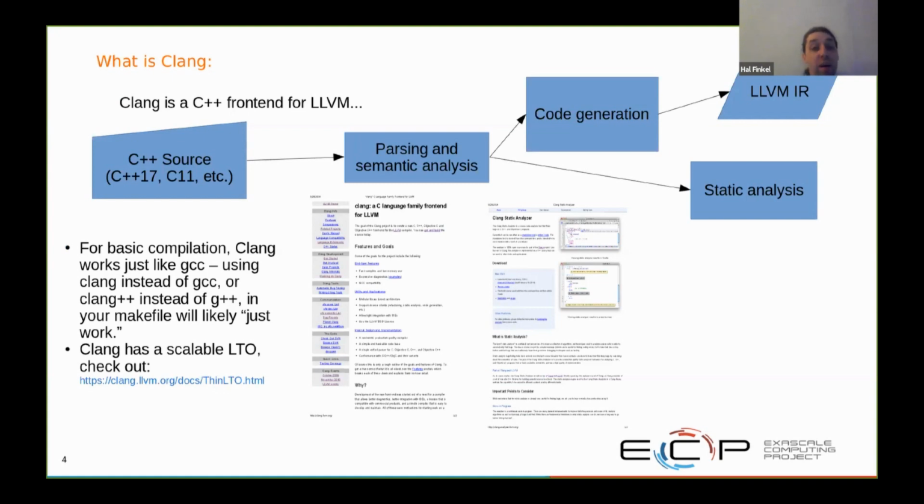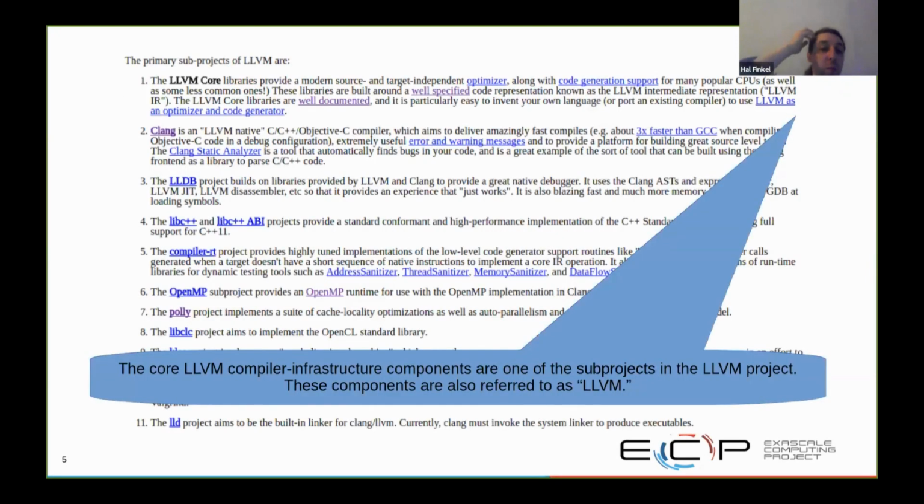Clang also has a sophisticated static analysis engine that can analyze source code and can produce nice HTML reports and other things that can be interfaced with other tools. And that's really important as we move forward. Okay. So those are pieces that are in LLVM and in Clang itself.